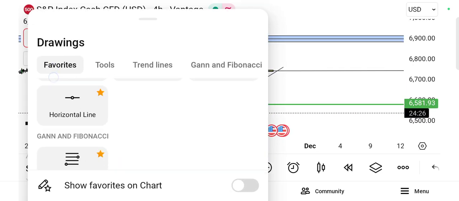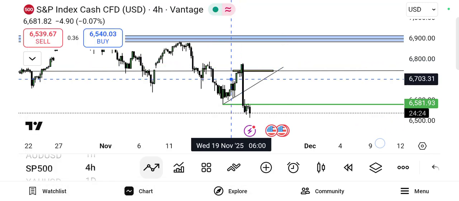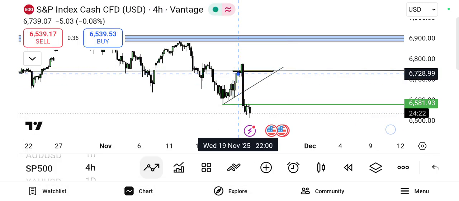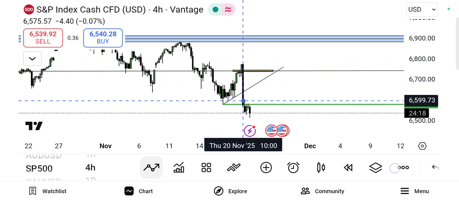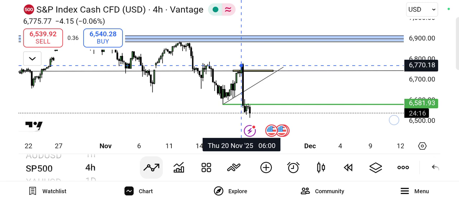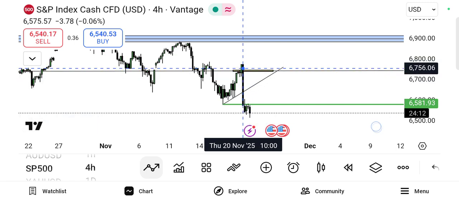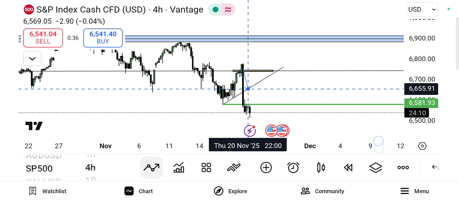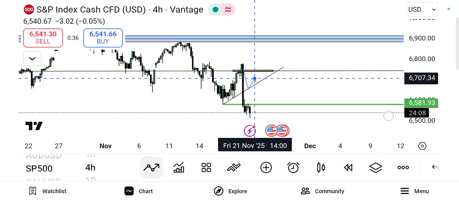Remember on my previous video, I said that S&P 500 will come back to this zone. After coming back to this zone, this was like a manipulation. But I was expecting something like this. At least I was expecting S&P 500 to come here. You understand?